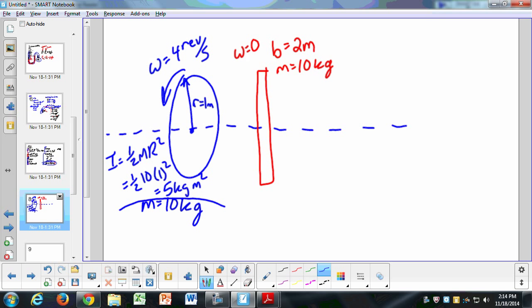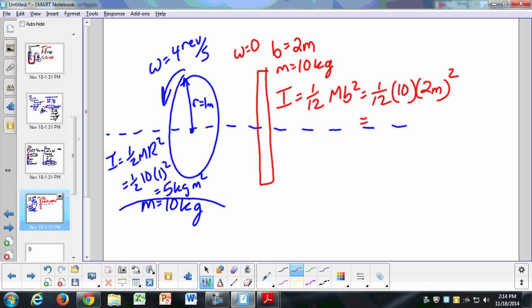So that's my moment of inertia. And then over here, my moment of inertia, I, is equal to 1/12 m b squared. M is 10. B is 2 meters. This is also from your table. I think it's called a thin rod or a bar or something. I forget what it's called.